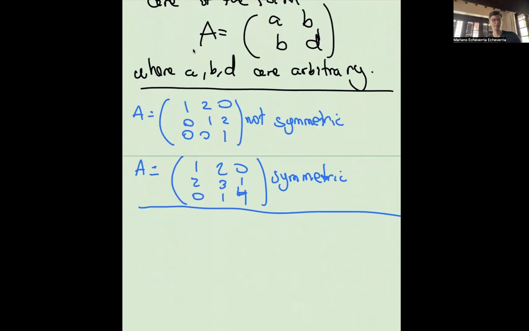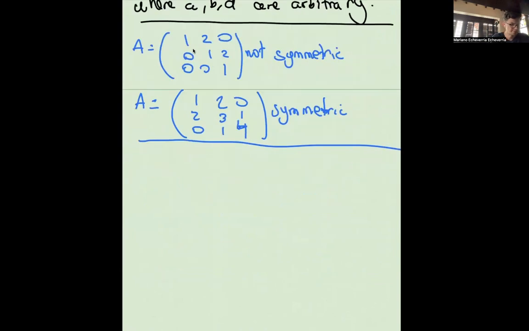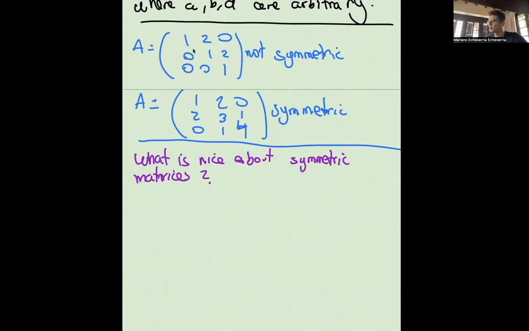Okay, let me tell you why this is useful. What's nice about symmetric matrices? Here's the first important thing that you should know. If you have two eigenvalues of A which are different, then the corresponding eigenvectors are automatically perpendicular. Here's fact one, and there's a quick proof.